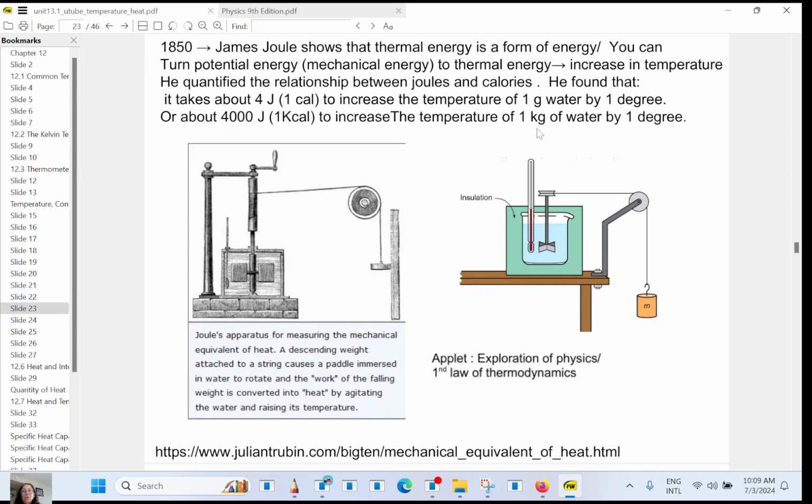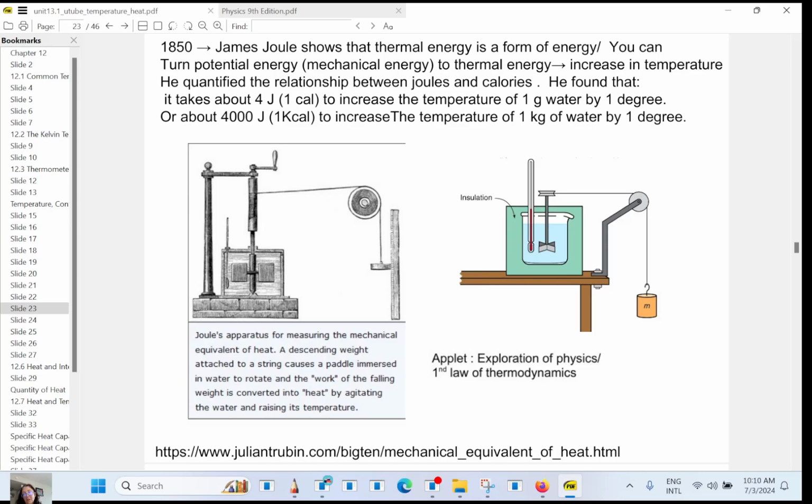So he was able to quantify thermal energy. He was able to show that it takes 4 joules, or 1 calorie, to increase the temperature of 1 gram of water by 1 degree. It's about 4 joules, or the one that we are using in food. When you read how many calories there are in food, it's actually kilocalories.